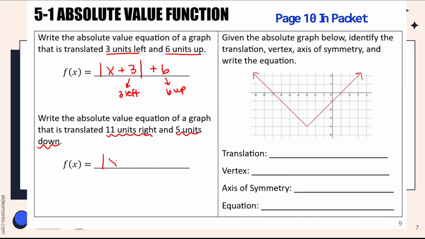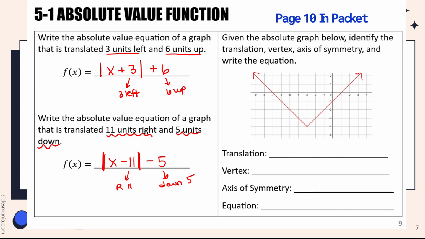Did you get x minus 11 and minus 5? This is that right 11, and this is down 5. Notice I'm including the absolute value bars every single time, and we're just putting numbers inside and outside.